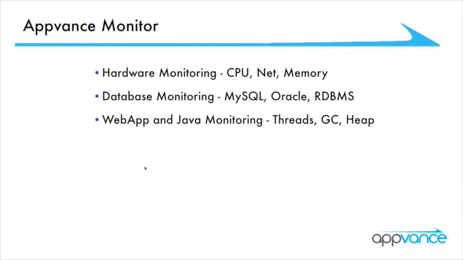And it will observe things like thread usage, garbage collection statistics, and heap management. So it could be that garbage collection is causing the biggest slowdown in performance of your app at the Java level within the Java web app tier, and this is a case where the Appvance Monitor would identify what those issues are.